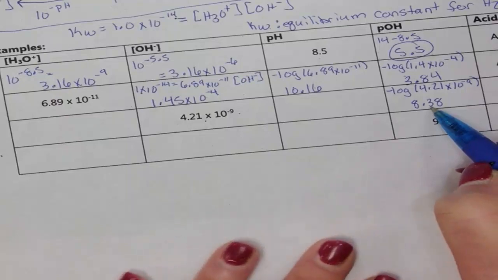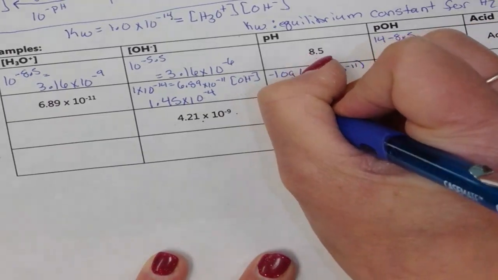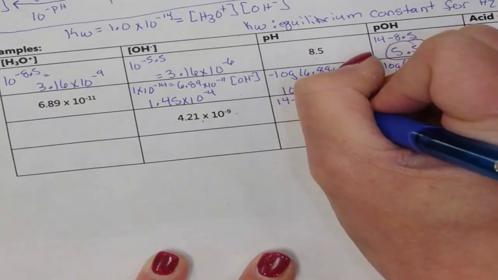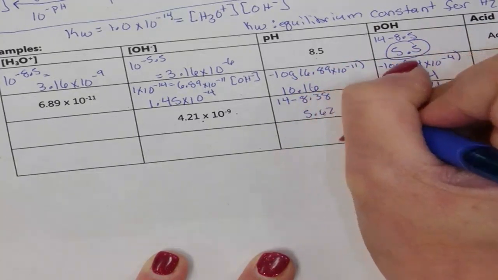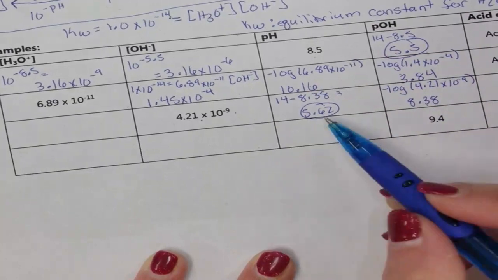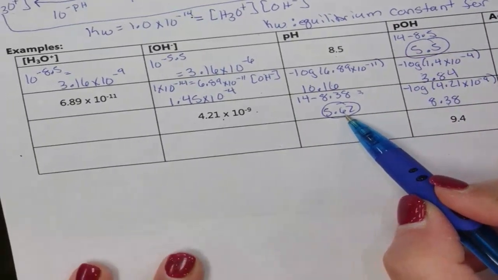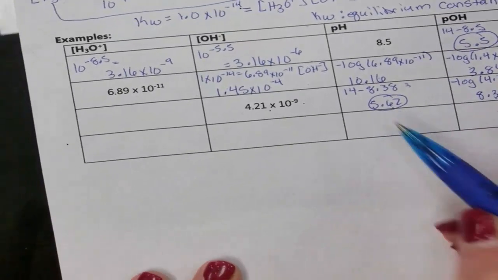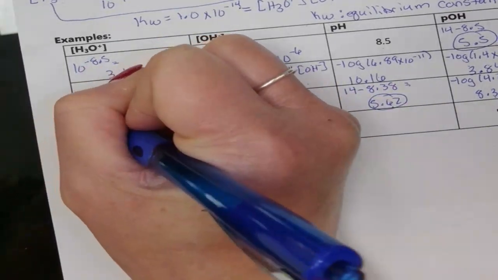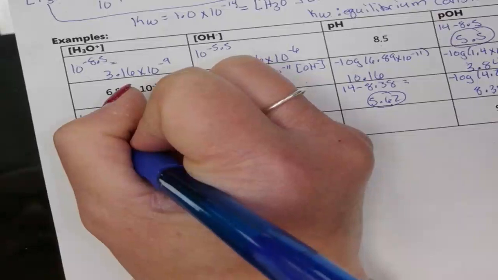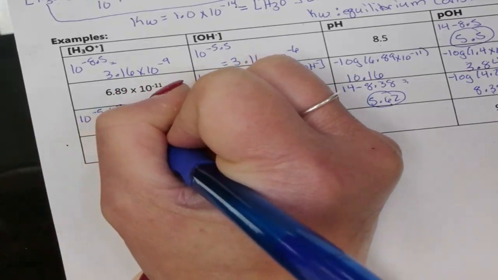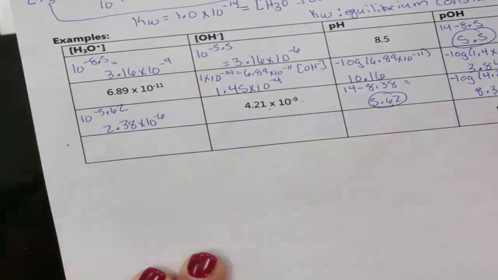Since I now have my pOH, I subtract that from 14 to find my pH of 5.62. Since I have my pH of 5.62, I do 10 to the negative pH to get my hydronium ion concentration, which is 2.38 times 10 to the negative 6th.